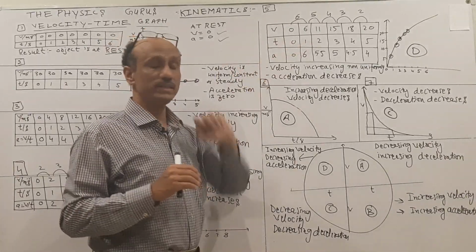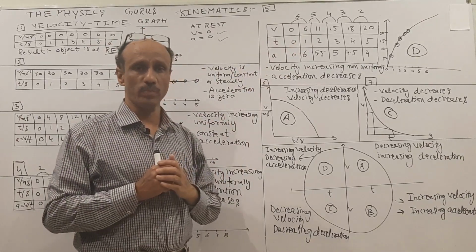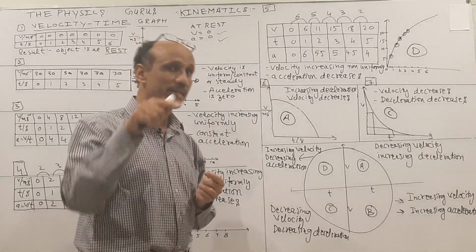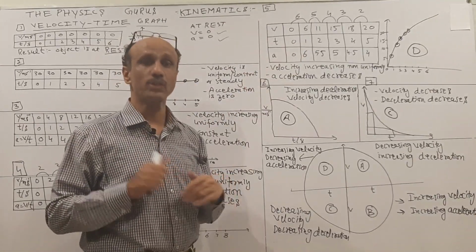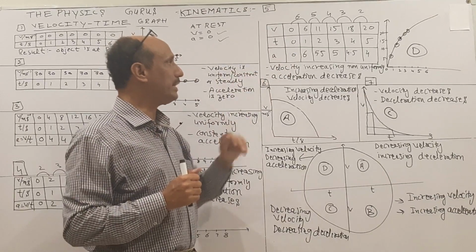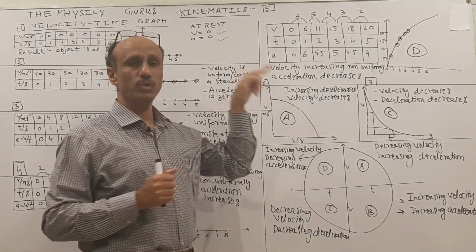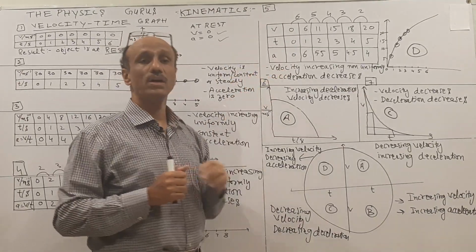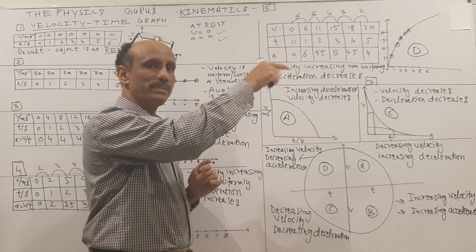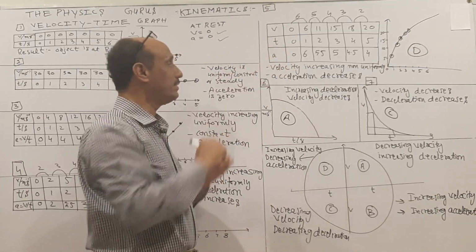Now the misinterpretation related with this graph, the two points which students normally write down, that velocity is decreasing and acceleration is also decreasing. Not at all. You will write down velocity is increasing non-uniformly and acceleration decreases. So this curve represents the decrease in acceleration.